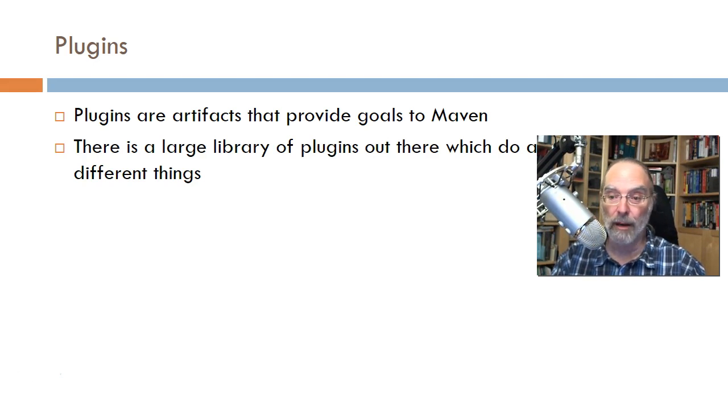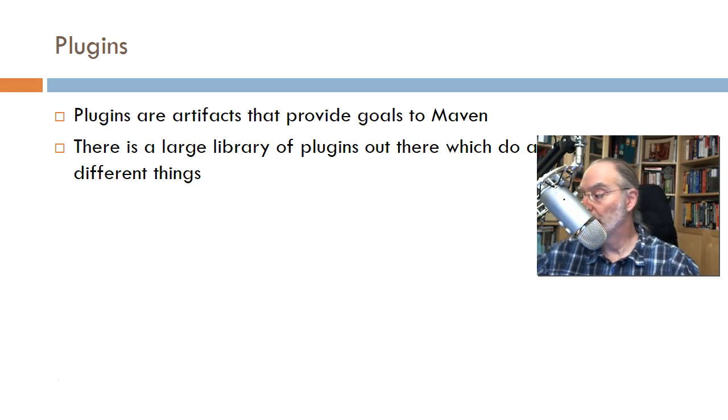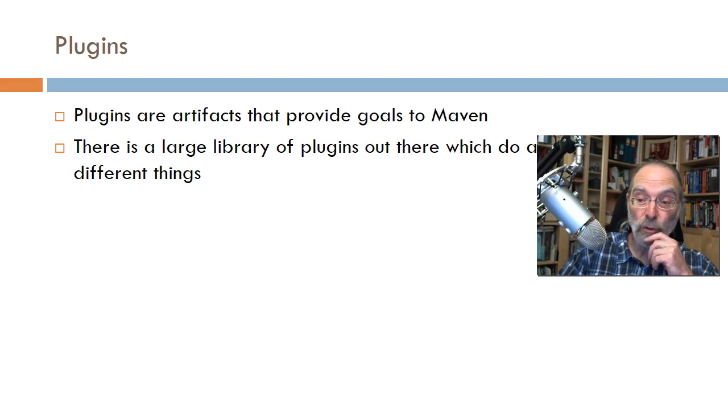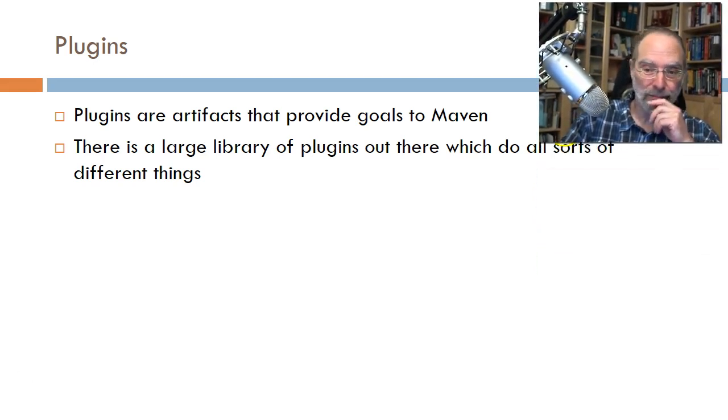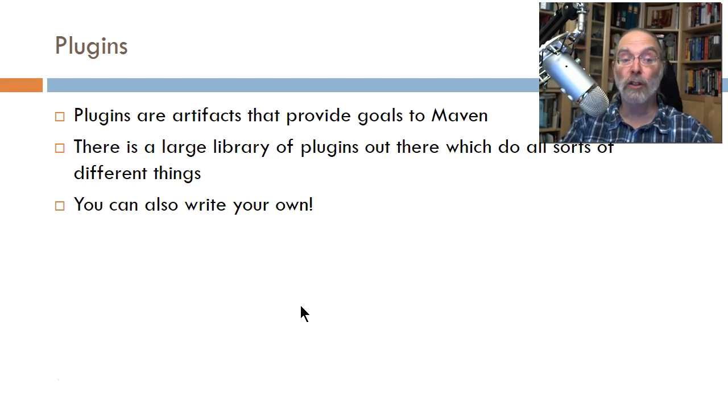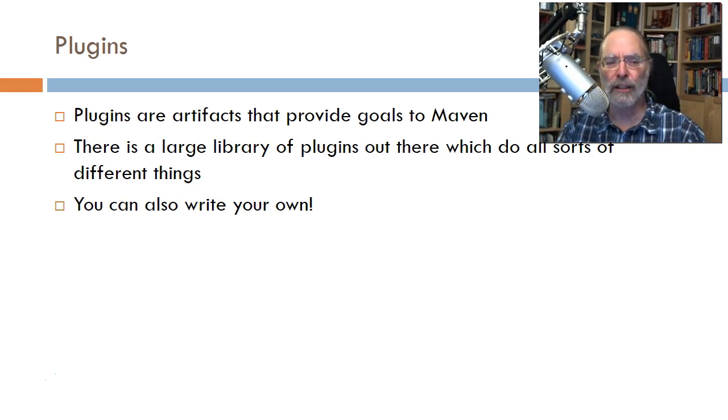So, there's a large library of items that you can find and use in your projects. Of course, you can write your own plugins if you feel that there is some operation that you'd like to make part of Maven.